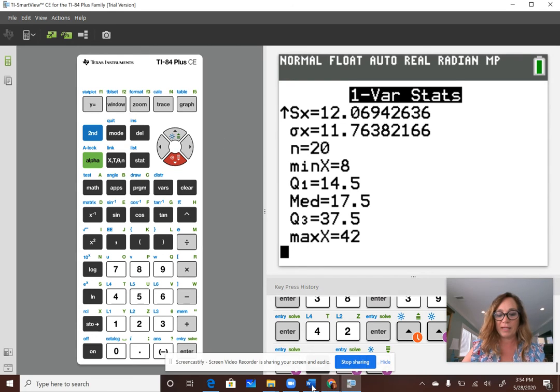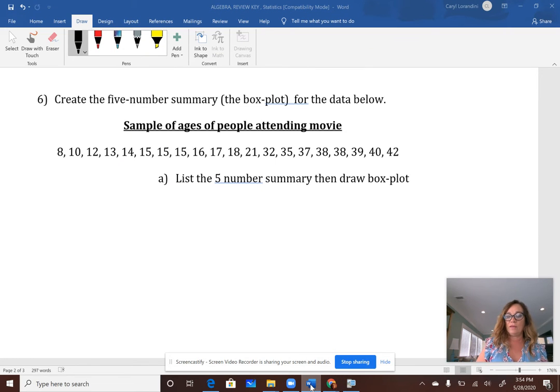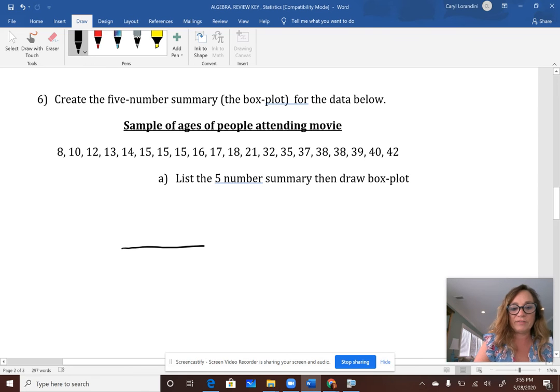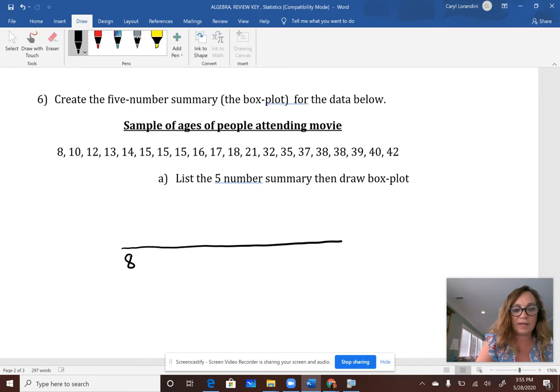All right, let me just go back to the piece of paper. Okay, so I'm not going to make the list here right now, but I do have to create some kind of scale. So I have to go from 8 to 42. So I'm going to start with 8 and write 8, 12, 16, 20, 24, 28.